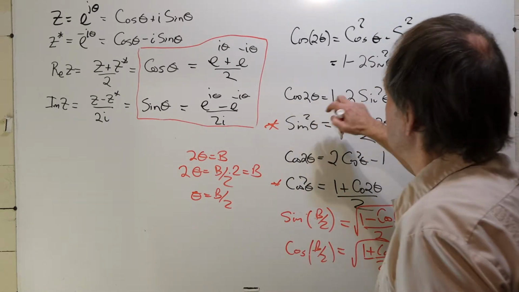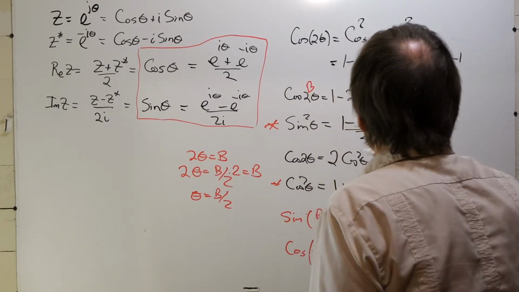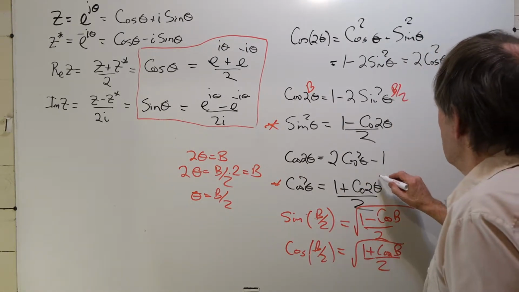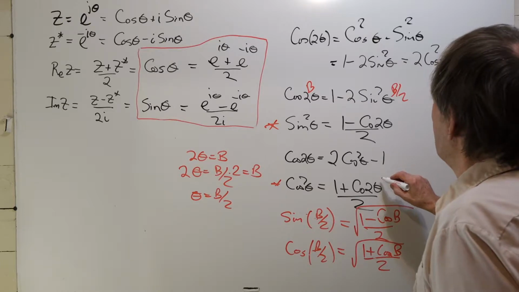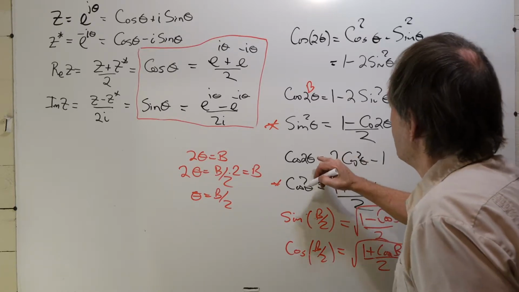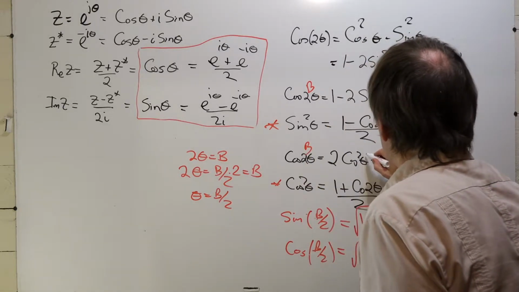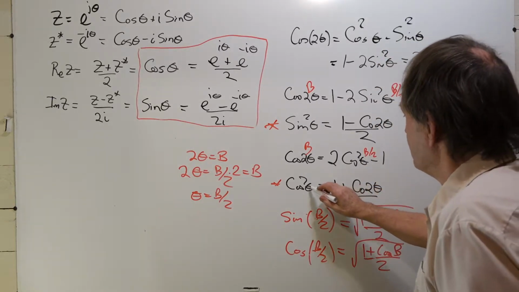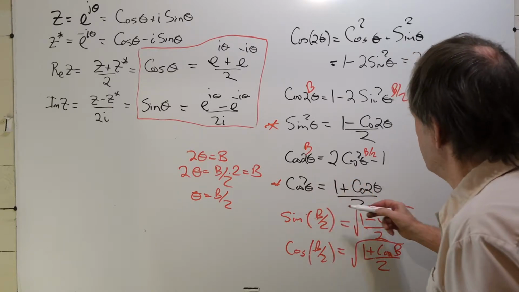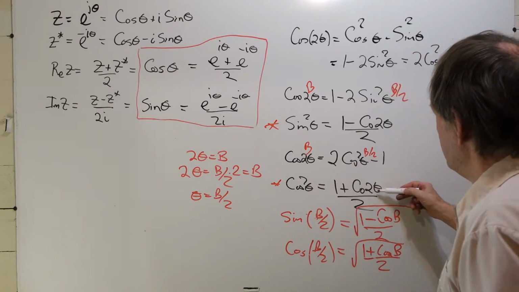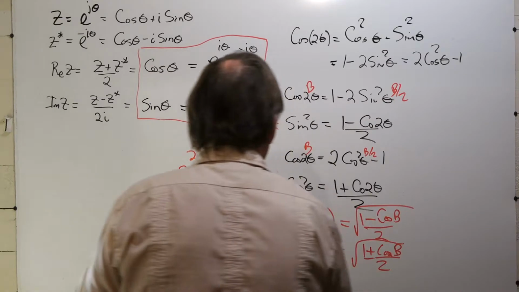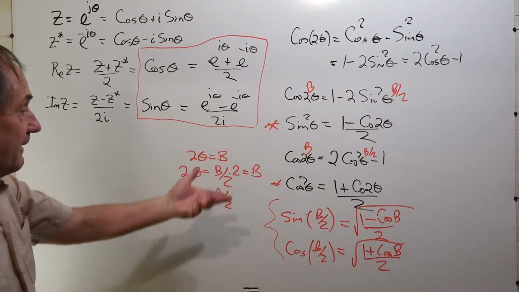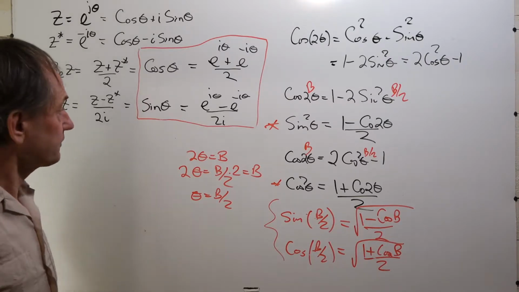Wherever you have cosine 2 theta, that becomes b, and theta becomes b over 2 in both of these cases. 2 times b over 2 becomes b. So you end up here with the half angle formulas. We have the double angle formulas, we have the half angle formulas.